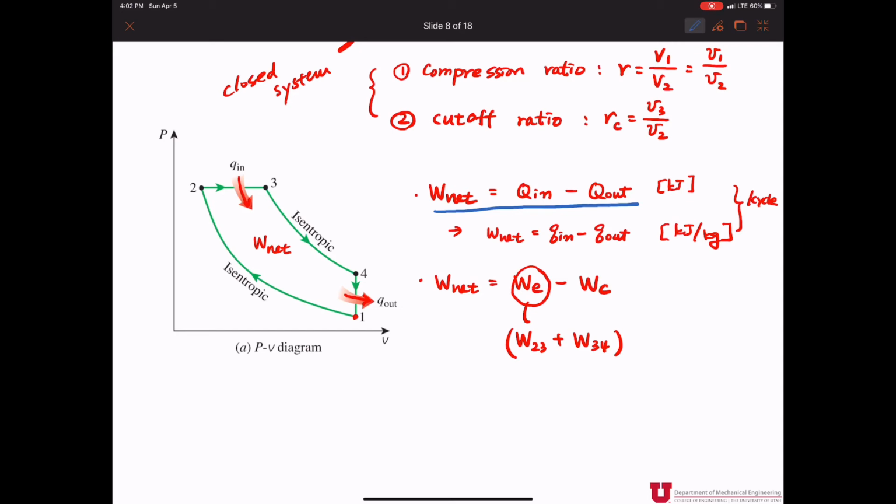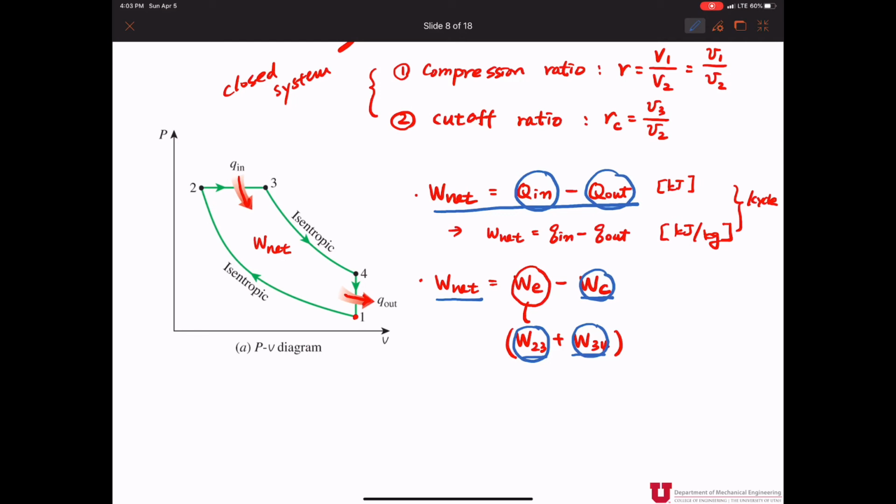Okay? But when you see the next equation, in order to calculate net work, you have to calculate the expansion work or two works, right? And also you should have also compression work. So now we have to have 3 terms to calculate the net work. So 2 terms versus three terms.